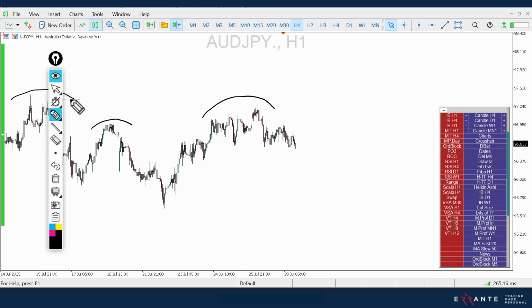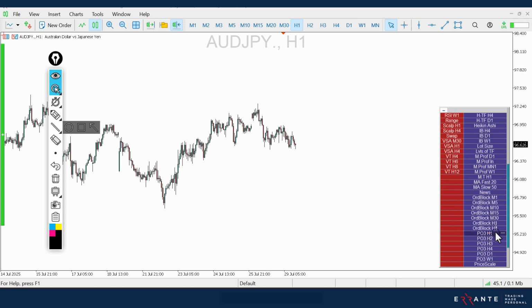same thing over here in this part. Now over here there is some important element that I need to share with you guys. For example, let's get rid of these drawings and see over here. I'll take you to the order block. This is an order block on the H4.